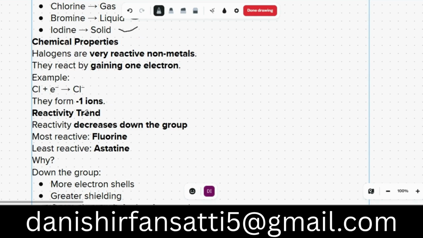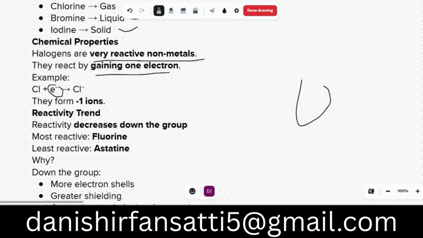Chemical properties: halogens are very reactive non-metals. Okay, and they react by gaining one electron. Chlorine will simply gain one electron and it will become Cl minus, and its outermost shell is completed. I will draw here, that is chlorine.